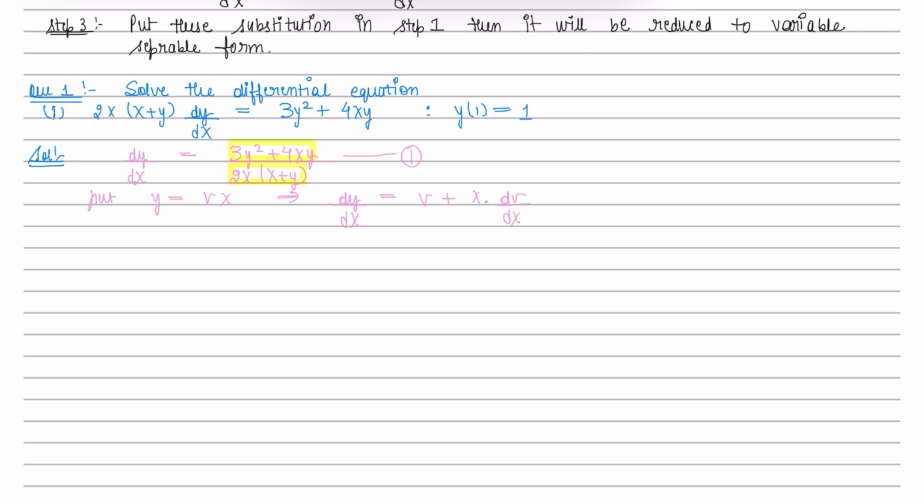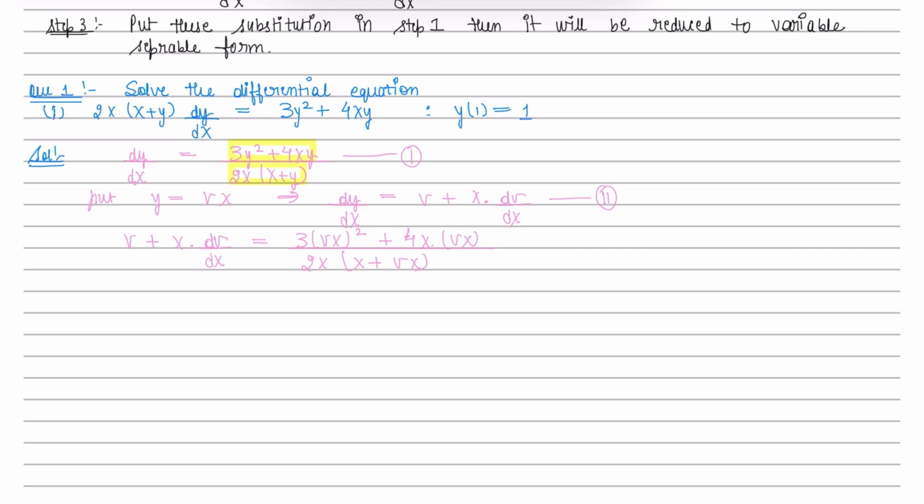Now, taking the value of dy by dx from equation number 2, this becomes v plus x into dv by dx is equal to 3 times the value of y, updated as v times x. So the right hand side of the equation becomes this form.